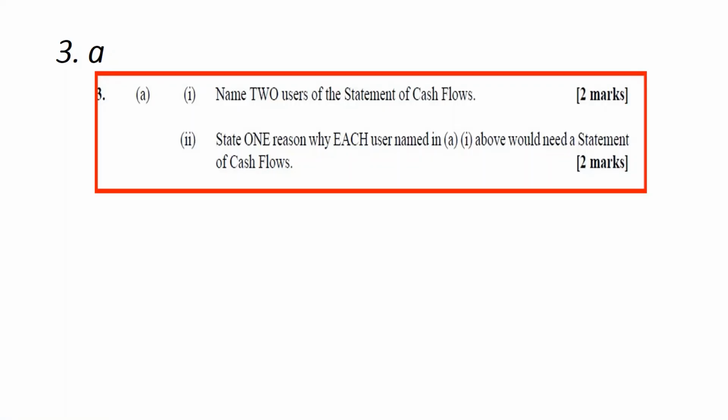Part E. Name two users of the statement of cash flows and state one reason why each user named would need a statement of cash flows. Okay. Two users would be bankers, trade unions, and there are many others, but we will focus on these two.